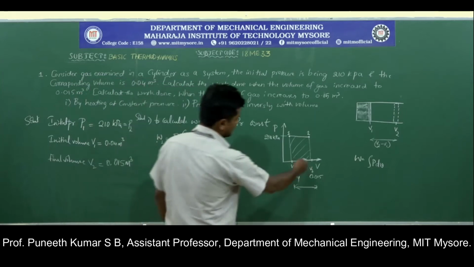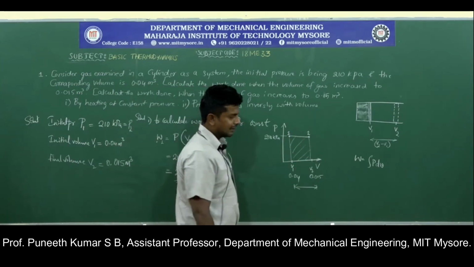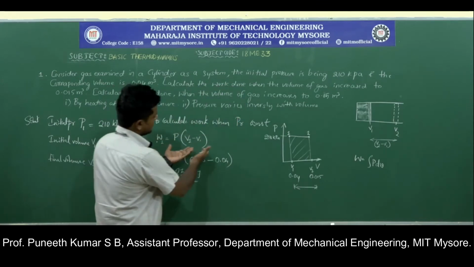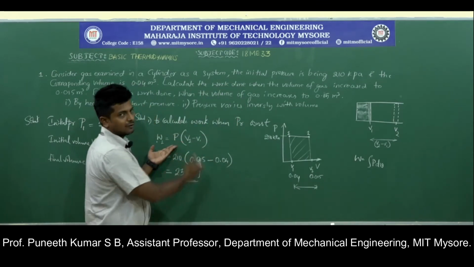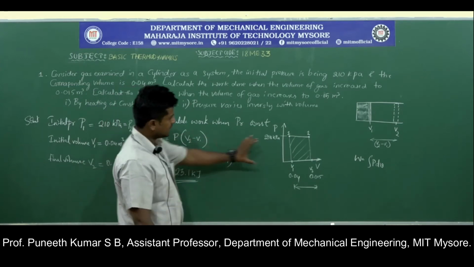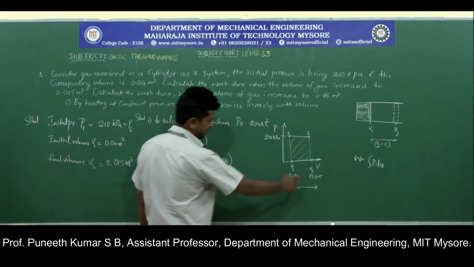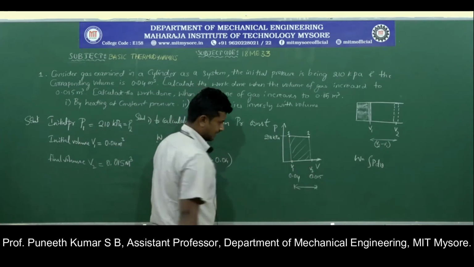Now, calculating the area of the rectangle, the formula is P as the height and V2 minus V1 as the width of the rectangle.